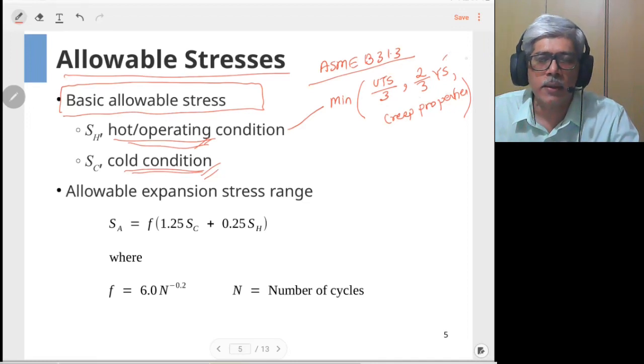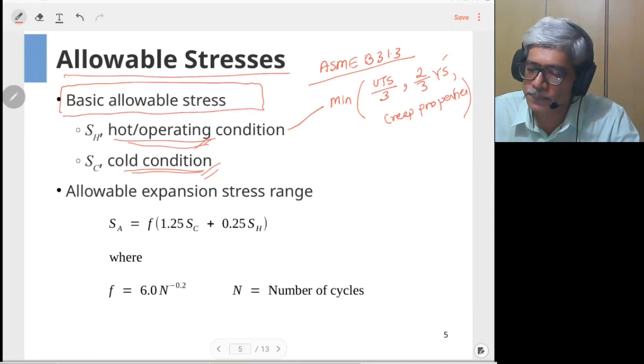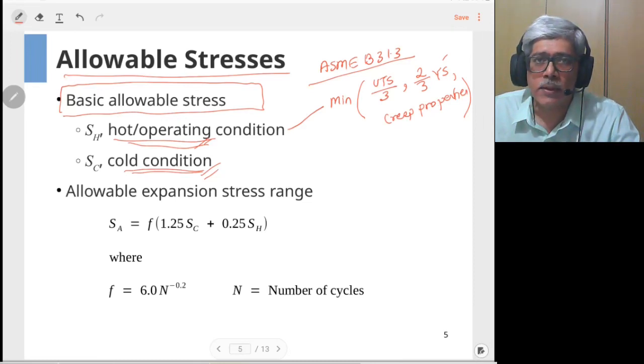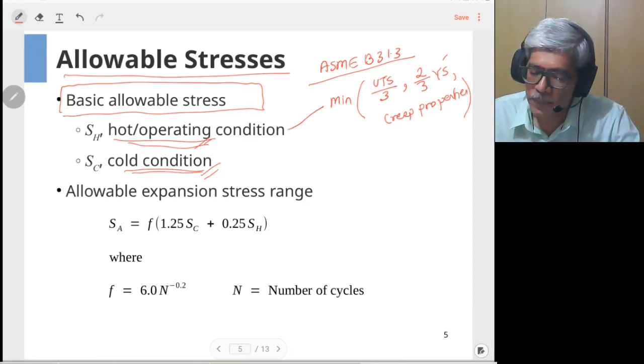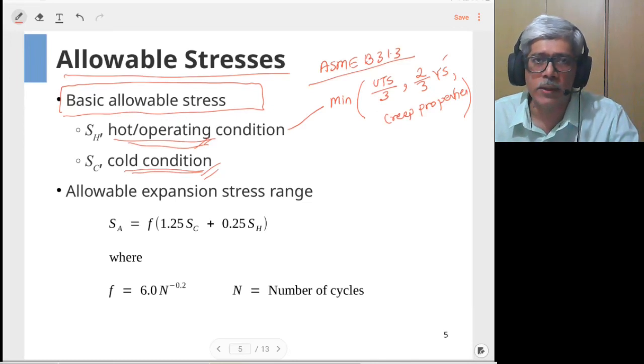For hot condition, the yield strength and UTS will be taken at the operating temperature, and for cold condition, they will be at the room temperature. So that is how the stresses would be calculated for the basic allowable stresses, which are typically for the sustained load case.